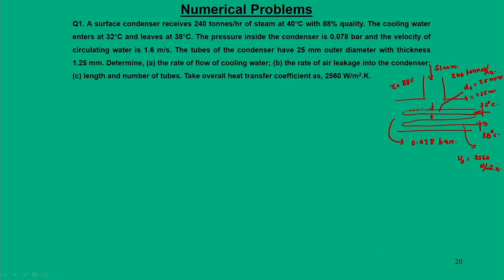So, we require two diagrams. First diagram, let us see how the expansion process takes place in the turbine and where you stand. If you draw the TS diagram, there is a dome, so the steam enters the condenser at state 2 and leaves at state 3, and this temperature is 40 degree centigrade.